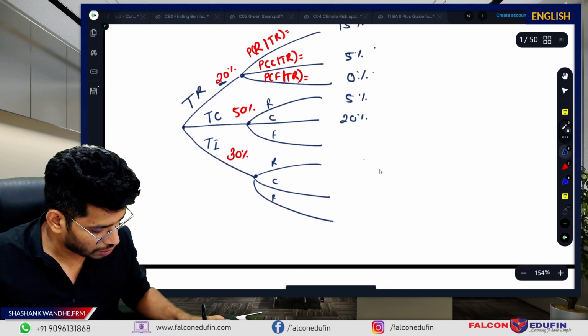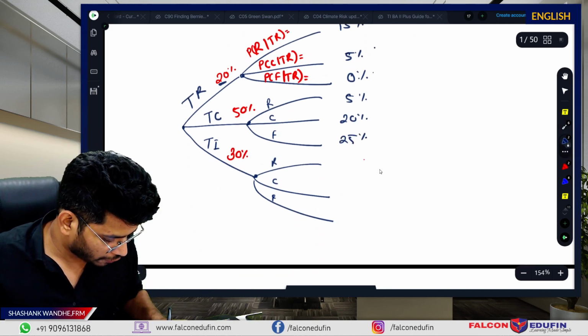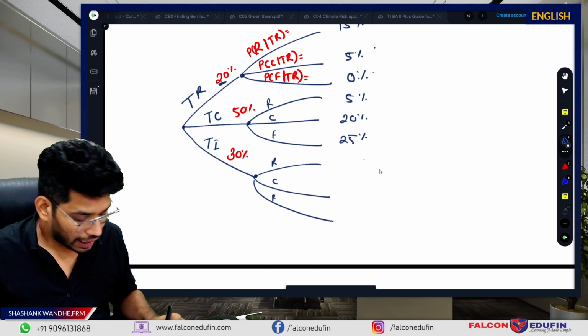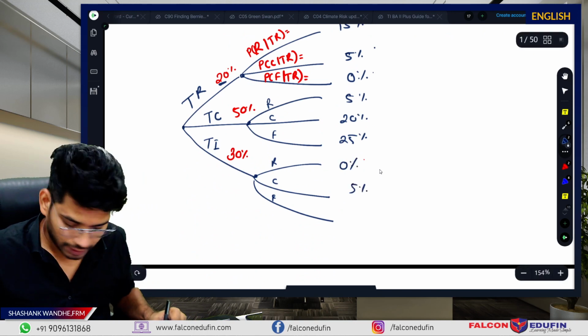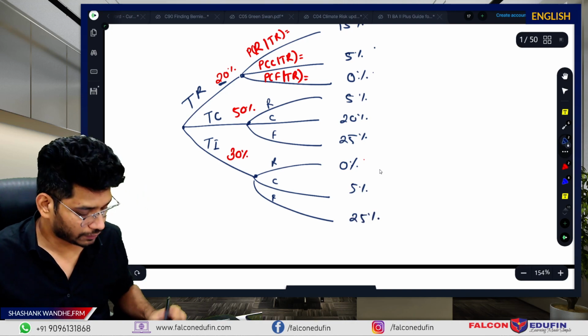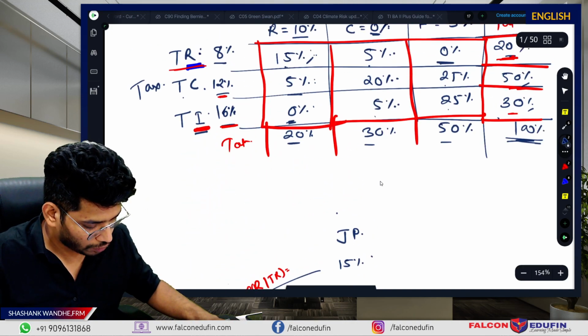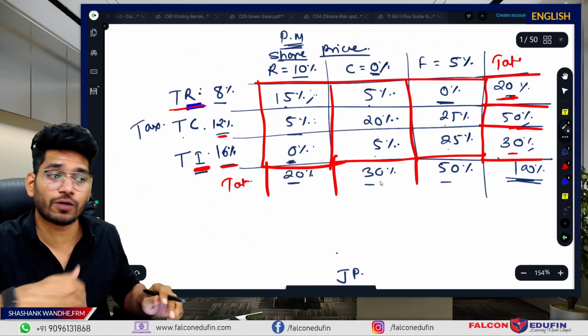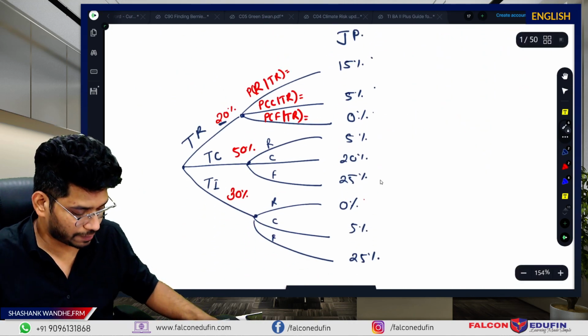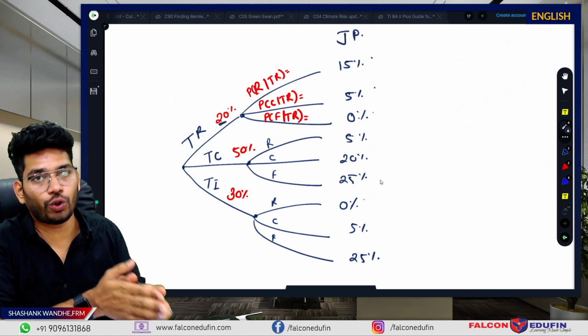And then we have 0%, 5%, and 25%. Like this. And then we get the total probabilities.